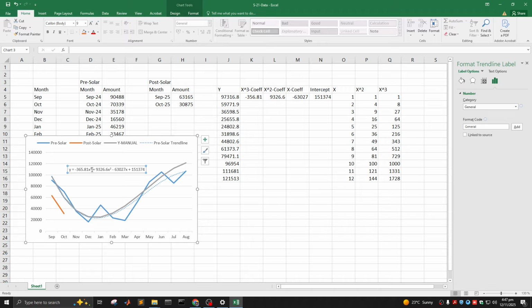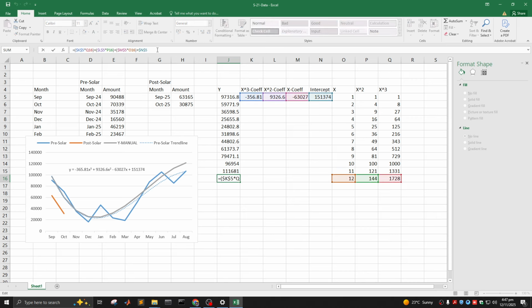So we're gonna go ahead with this. I'm just making sure if my coefficients are correctly multiplied. Yeah, they are.